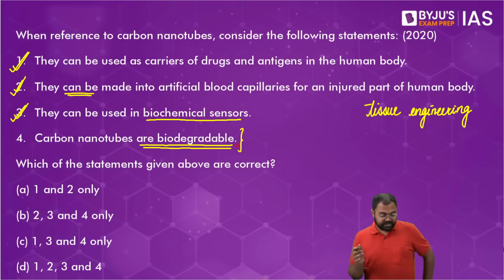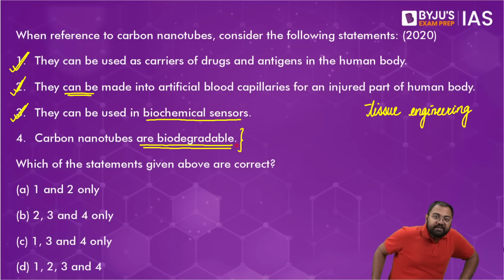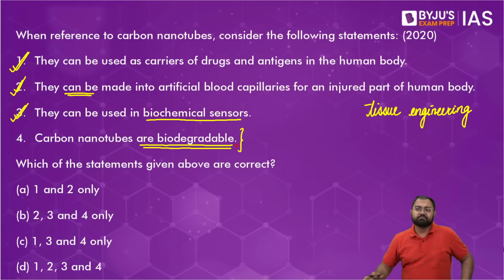So, their biodegradation is not that easy. For example, a natural biodegradation with the help of, let's say, microorganisms is not easy. We are trying to make certain genetically modified microorganisms that could act on these carbon nanotubes, but that's again an active area of research right now.